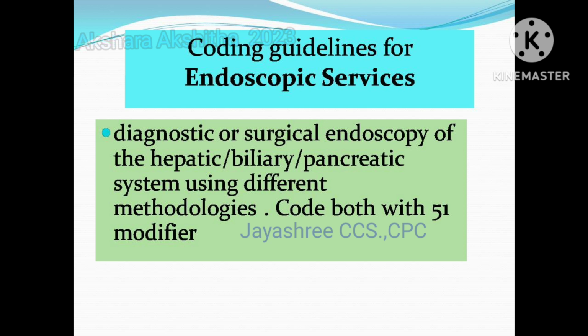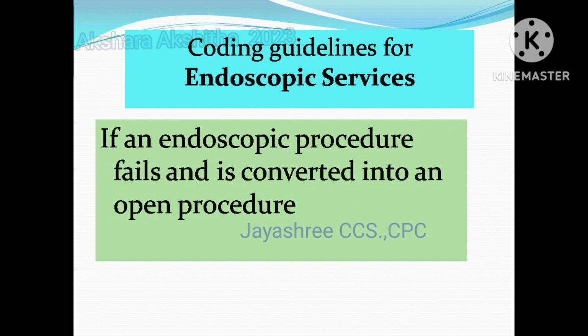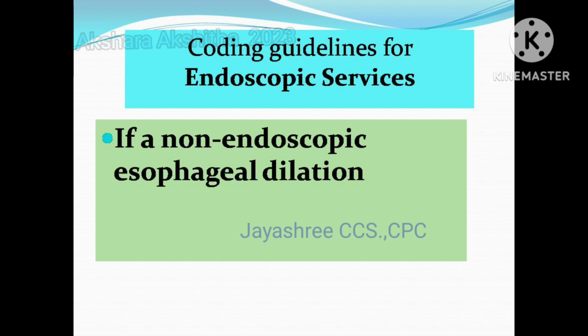Whatever the doctor successfully completes, by which method, that method only we have to bill finally. Same concept: non-endoscopy esophageal dilation fails and the procedure is successfully completed by the endoscopy esophageal dilation procedure. So at this time endoscopy esophageal dilation procedure only we have to bill.